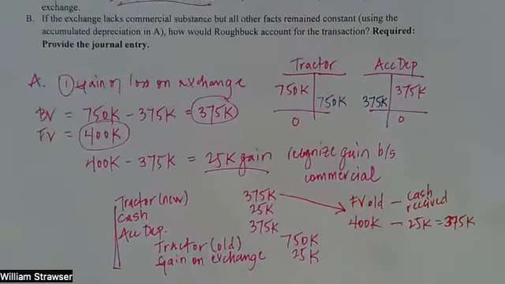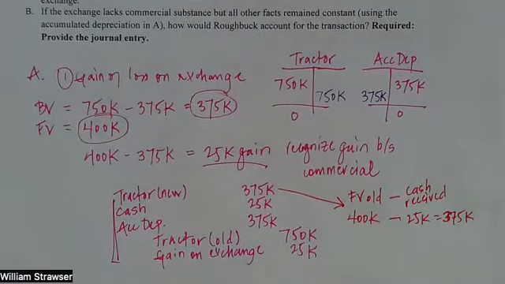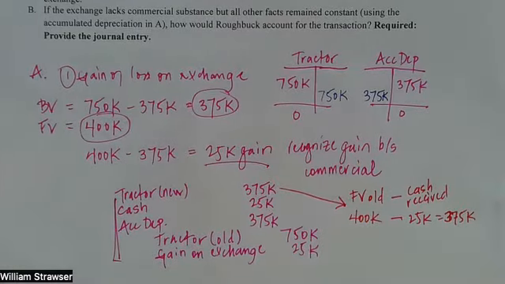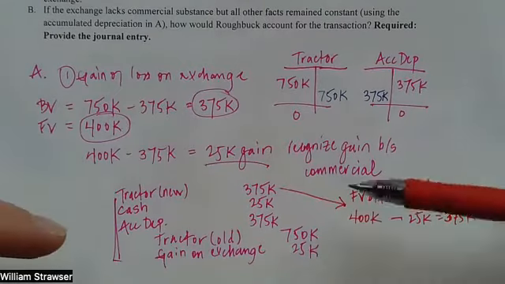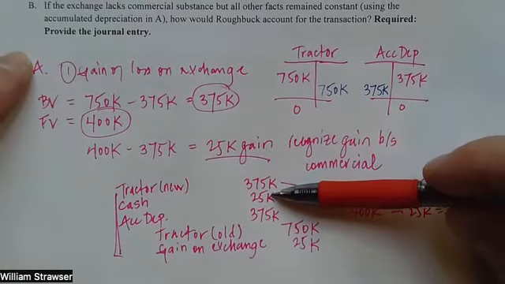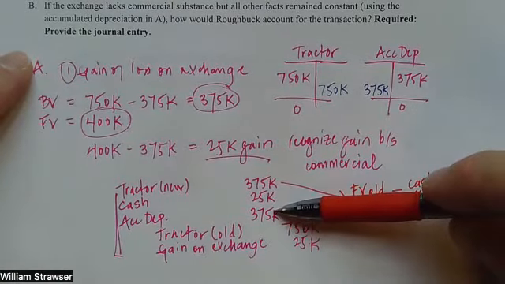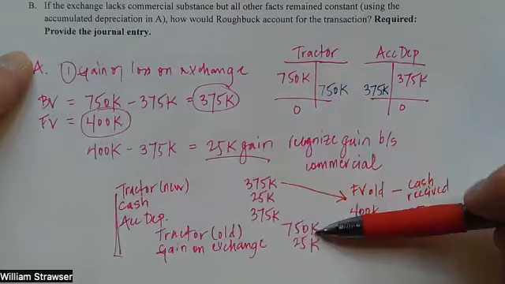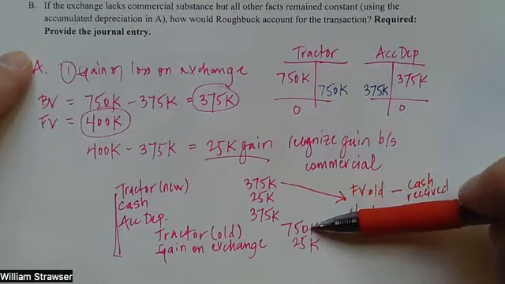The second part says, if the exchange lacked commercial substance, but everything else was the same, how would Roughbuck account for this transaction? Well, basically everything's going to remain the same. The fact that I received cash, the fact that I had this much accumulated depreciation, this amount for the old tractor.